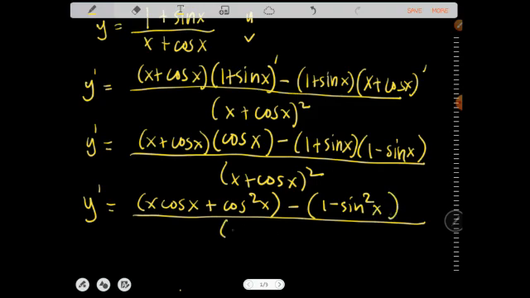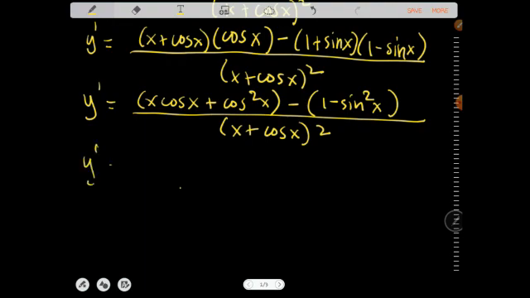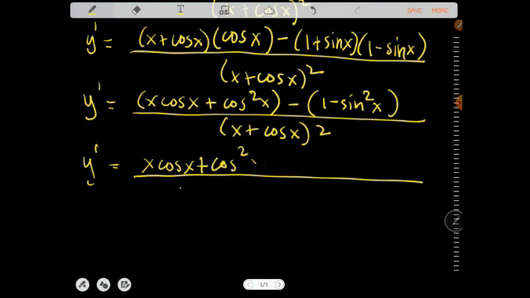Okay, so over x plus cosine of x squared. Then after that, pwede mong pang i-simplify yan by arranging or by following the sign. So, this would come x cosine of x plus cosine squared x minus 1. Negative times negative is positive sine squared x over x plus cosine of x raised to 2.